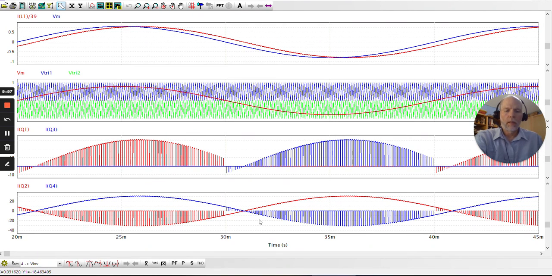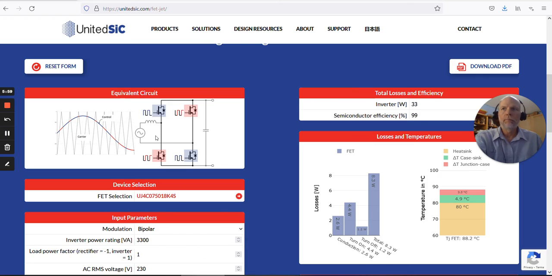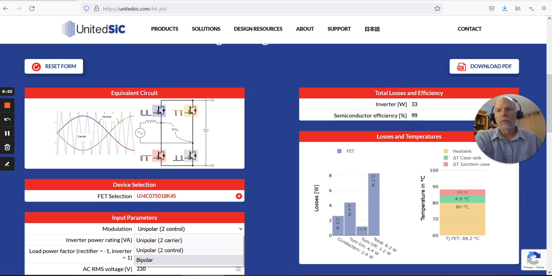So going back to the calculator, we'll see that for bipolar and for unipolar TwoControl, the switching loss is the same for each switch position, so there's no label Q1 through Q4 on these. It's all the same switching loss. In fact, those two topologies, interestingly enough, produce the same loss, but quite different waveforms.